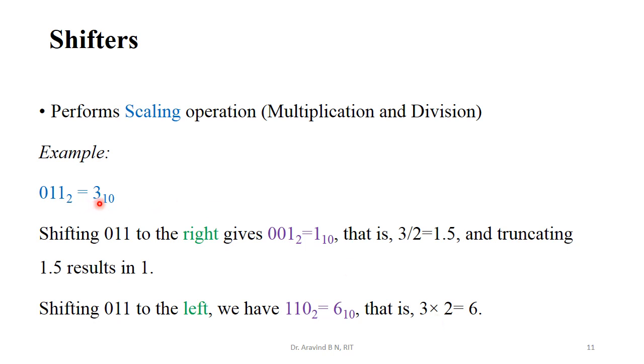Given decimal data 3 multiplied by 2, we got 6, and this 6 and the result after shifting left are equivalent. So in a very simple manner we can say that any kind of right shift operation by 1 bit is equivalent to division by 2. Any kind of left shift by 1 bit is equivalent to multiplication by 2.